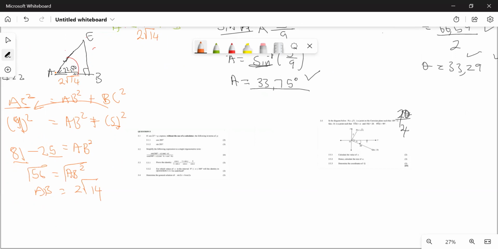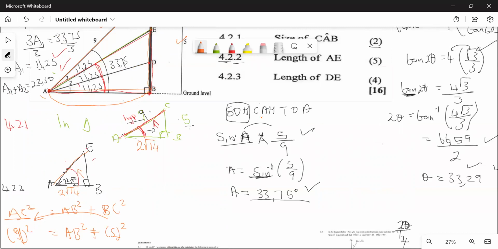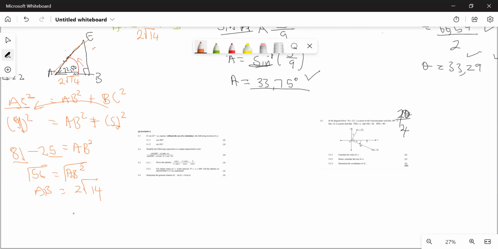Now we are looking for the hypotenuse side, which is AE, so we need something that has an adjacent and a hypotenuse. Which one is that? It's cos. So we will say we have the cos of 22,50, which is going to be our adjacent side.